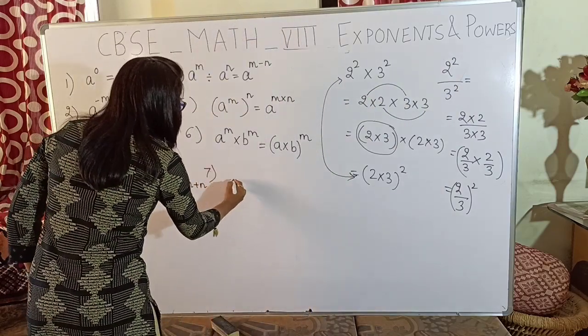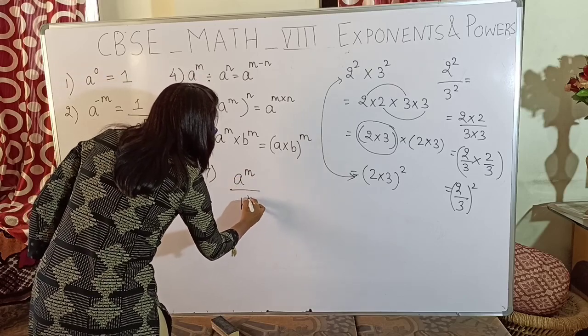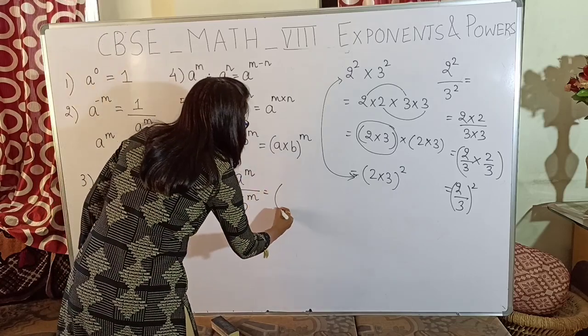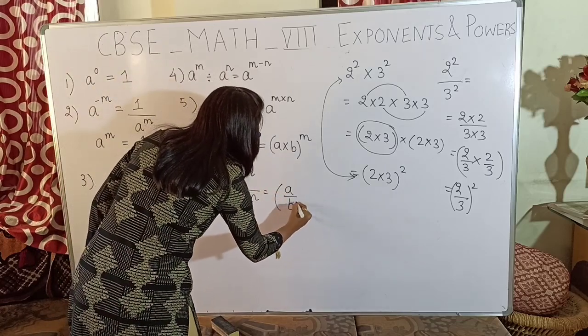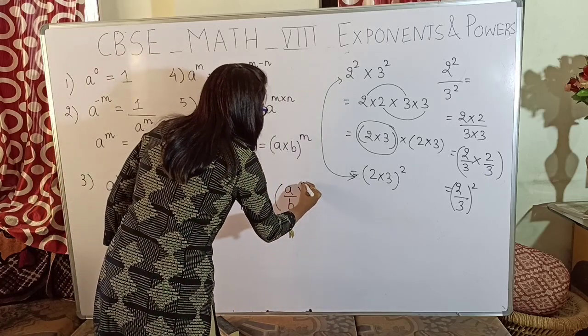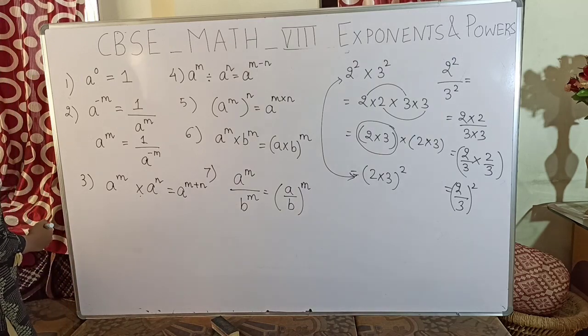So the next law says if a raised to m divided by b raised to m is there, base different, index same, I can write the bases together. Since they are into division, I will write them into division, whereas the common power I could write like this. A raised to m divided by b raised to m gives me a by b raised to common m.